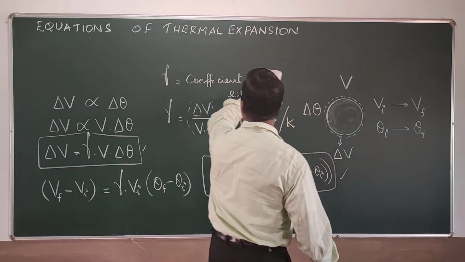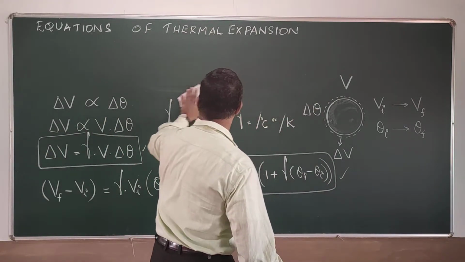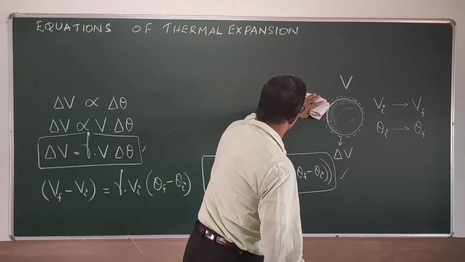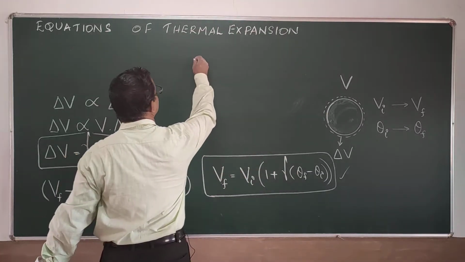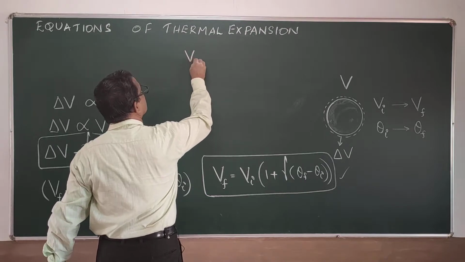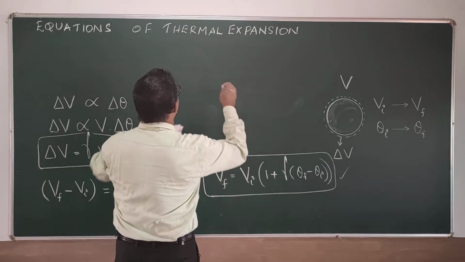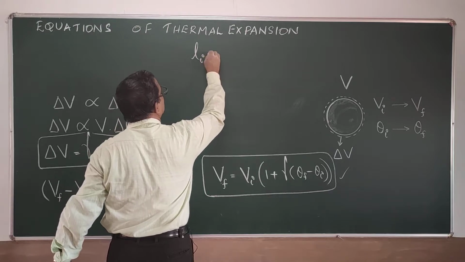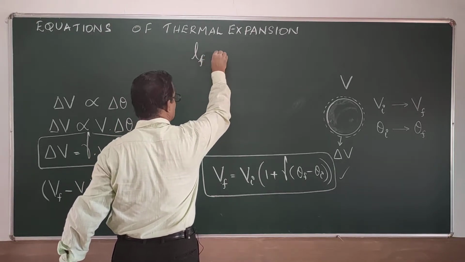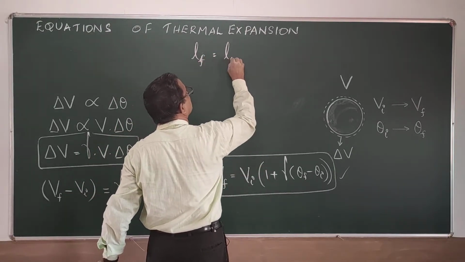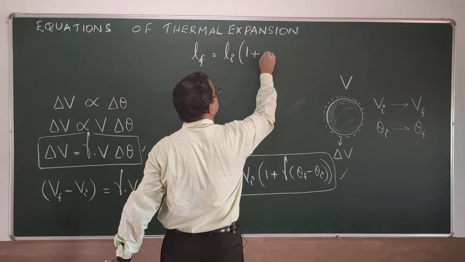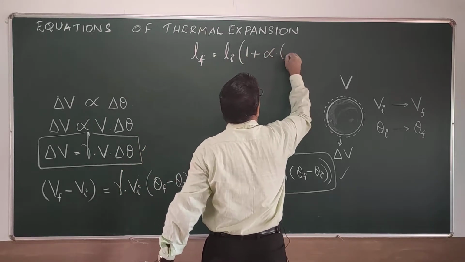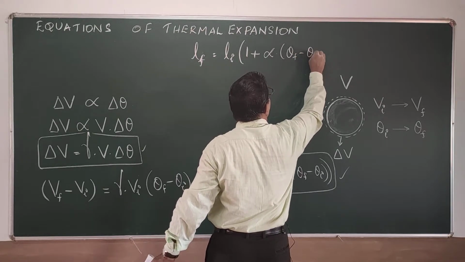The equation for linear expansion was L final is equal to L initial into 1 plus alpha into theta final minus theta initial.